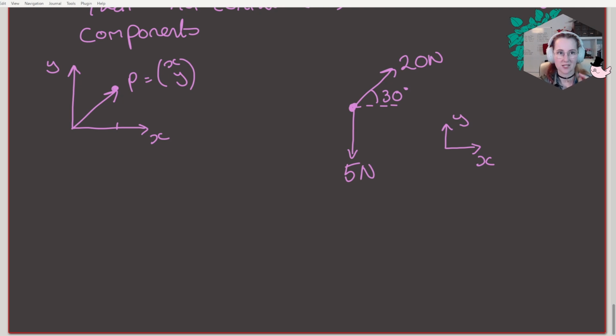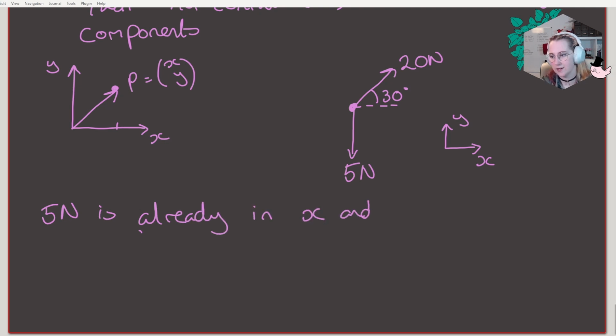The 20 newtons we need to deconstruct. So this is where I said that like trig, so the 5 newtons has x and y parts, right? Because it's 0 in the x direction and 5 in the y direction. So we need to do the same with the 20.